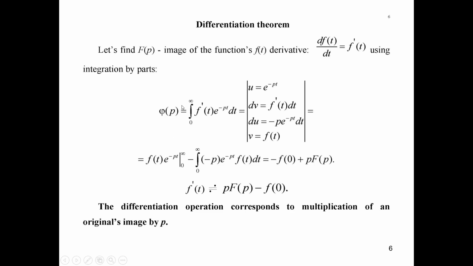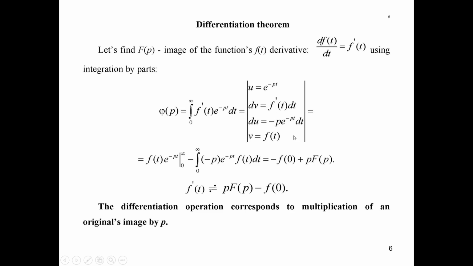So let's write down that the operational image of this function will be equal to this function multiplied by the integral e to the minus pt by dt. And let's use the same approach as previously. Let's determine u and dv. u is here, and dv is the product of dphi by dt multiplied by dt.